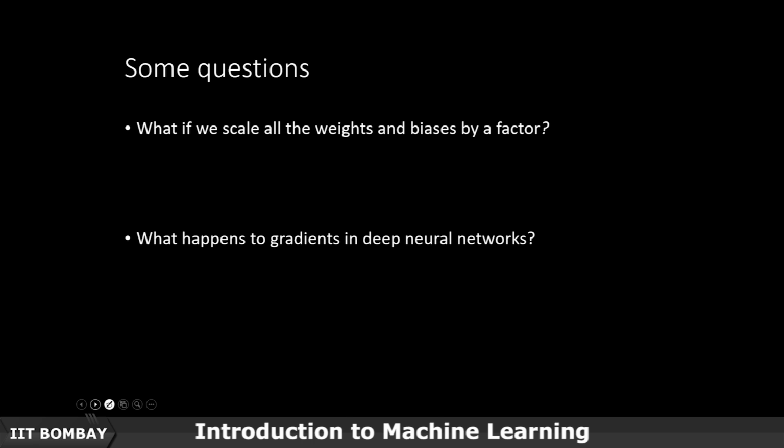So the first one is that we can generally scale all the weights and biases of a neural network by a particular factor, and we may not even have a qualitative change in the output. What I mean by that is, let's say you have Wx plus b, and we are taking ReLU of that. If I instead take some factor alpha, so alpha W, so long as alpha is greater than 1, alpha Wx plus alpha b, the sign of the expression inside the parenthesis does not change.